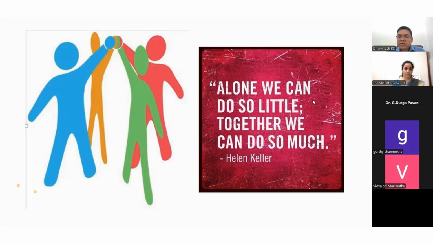Maintenance becomes important once the crown is placed. Since there is already a pocket, it becomes all the more important to have good access for maintenance. So that's how we can manage.